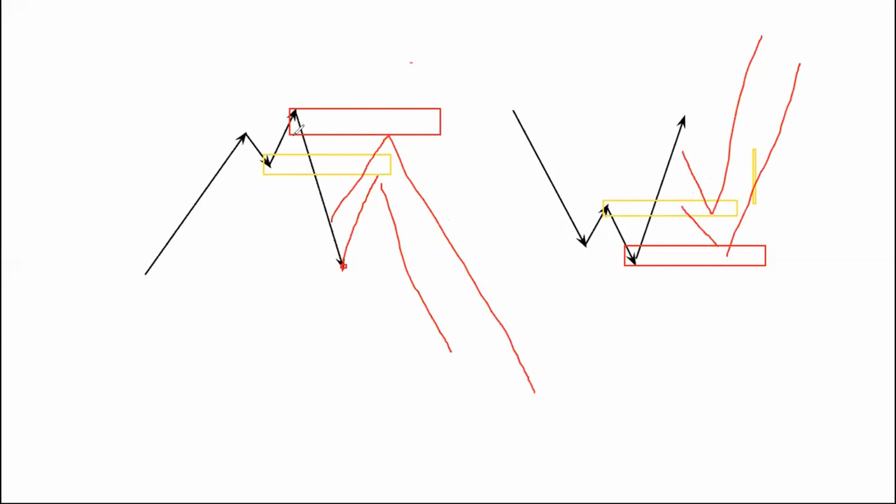So you can look for this on any time frame, from monthly to 1 hour, 1 minute time frame. Then you look for your entry and take the trade. All right, so the second pattern is something like this.